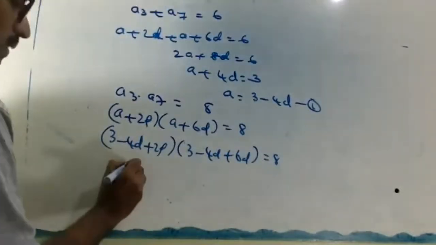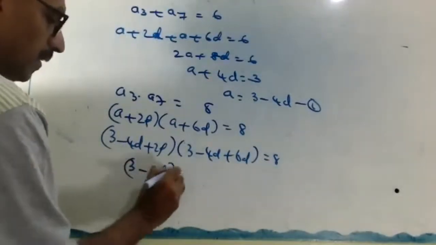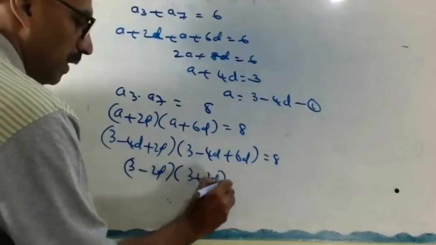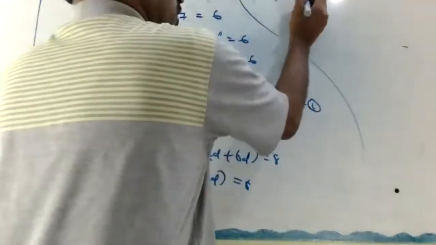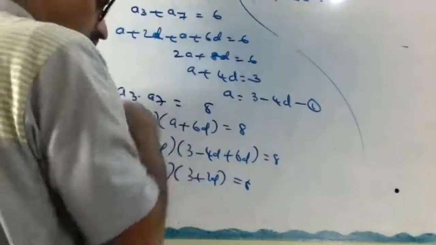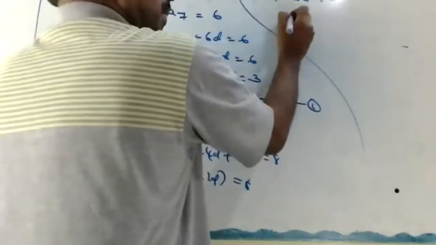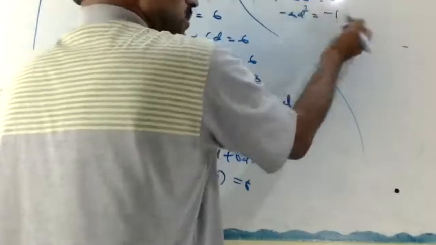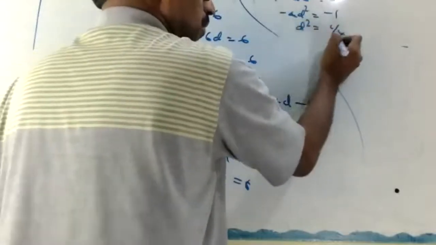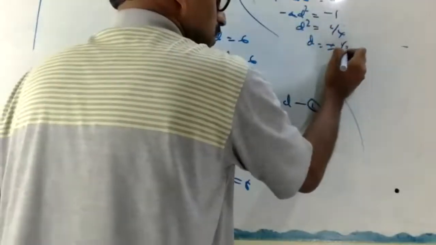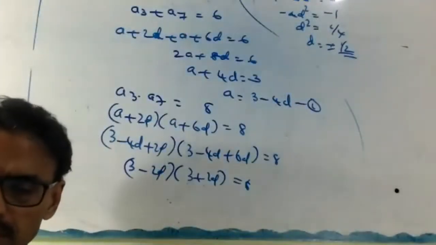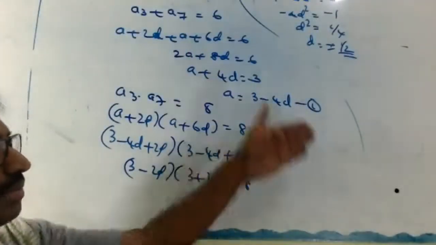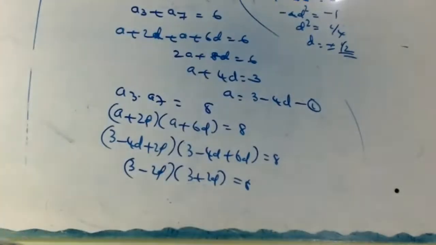So that is 3 minus 2D into 3 plus 2D equal to 8. So that is 9 minus 4D square equal to 8. Minus 4D square equal to minus 1. D square equal to 1 by 4. D equal to plus or minus 1 by 2. Anyone doubt up to here? Tell me.